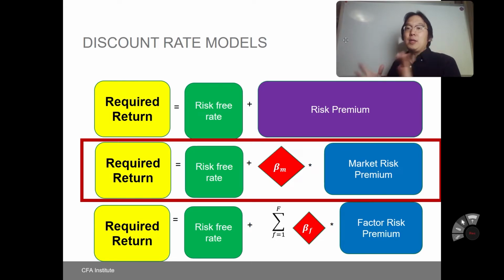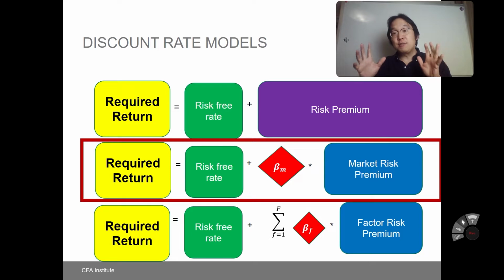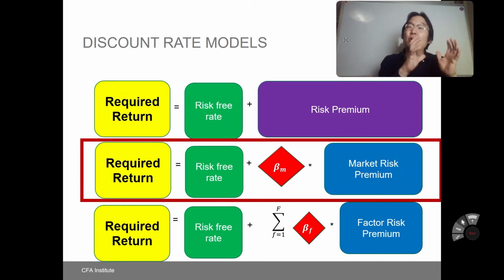And that premium related to this market portfolio is called the market risk premium, okay, which is different from Tesla's risk premium. How is it different? Well, Tesla's risk premium is a multiplication of this market risk premium and Tesla's something called beta. We're going to talk about it today, okay?